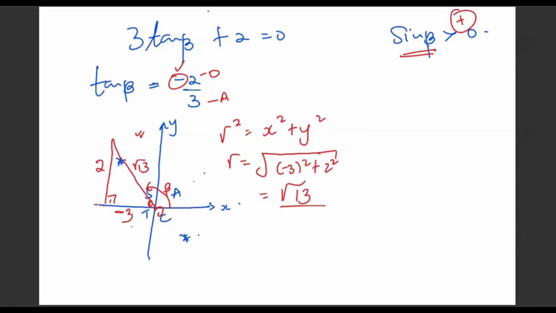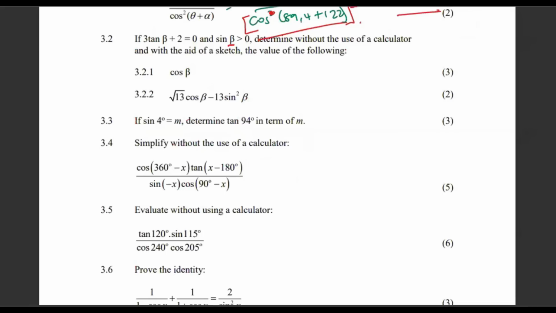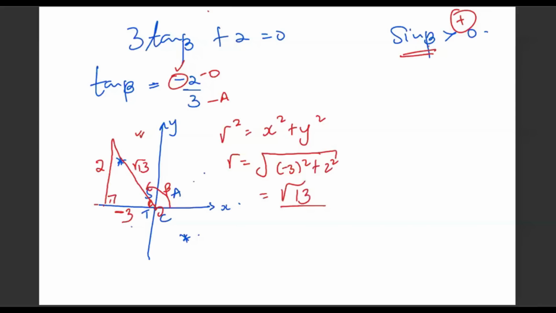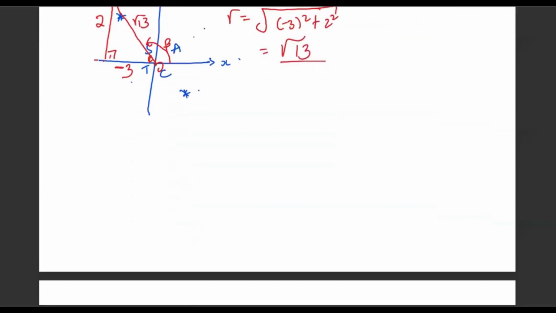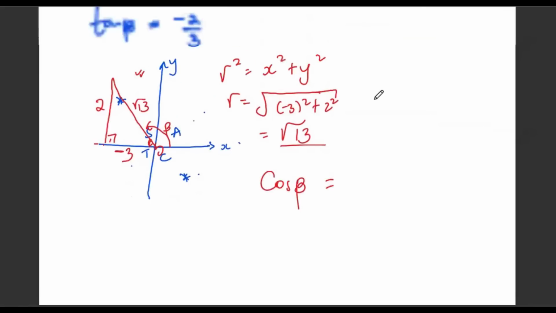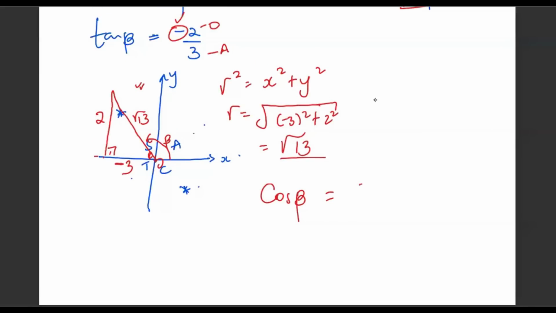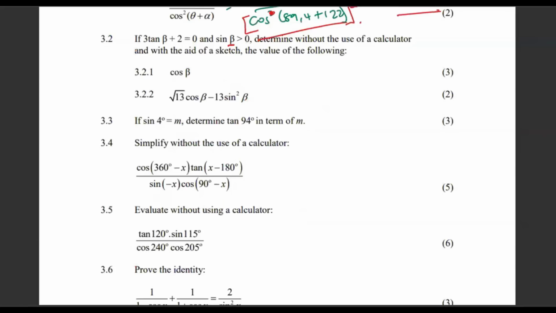Now, for as long as we're done with this, then we can go ahead and answer the questions. They want the cos of beta. Okay, cos, we know that cos is adjacent over hypotenuse, so it's negative 3 over root 13. Please leave it like that. Do not give us the rationalized form, because in that case, you would have used the calculator.